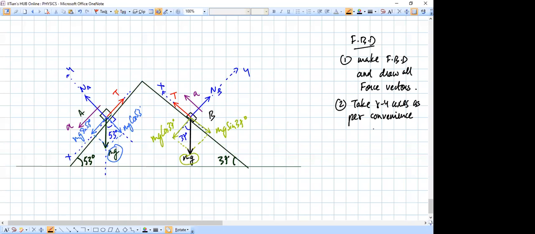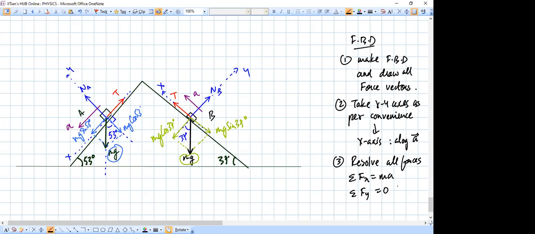Here the convenience is the X axis along the acceleration, so for each one I've done that separately. And then third step, resolve forces. Here only one force needed to be resolved, mg, and then summation of Fx is equal to ma, and summation of Fy is 0. So those equations have to be written.